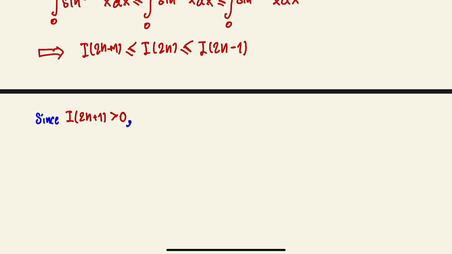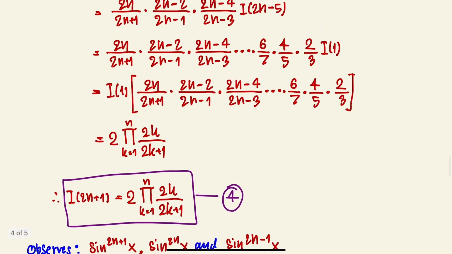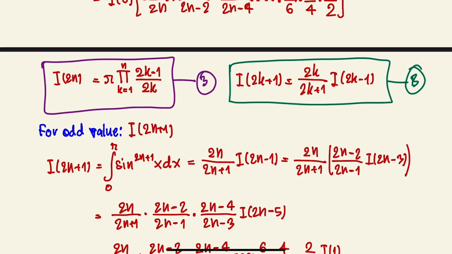So what do we have here? We're going to have 1 less than or equal to I of 2n over I of 2n plus 1, less than or equal to I of 2n minus 1 over I of 2n plus 1. Now, what is this term and this term? We can go back to this recurrence relation B here.